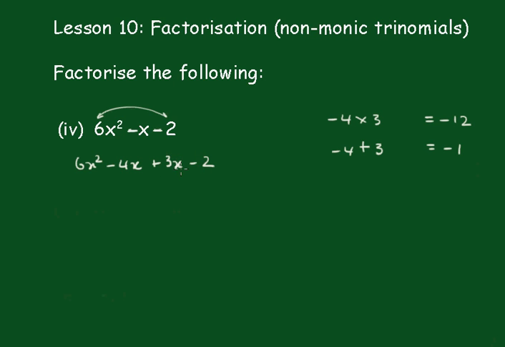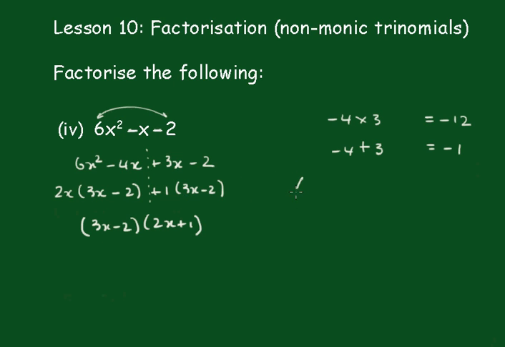Nice little check step there, you see. Using the minus x. If you made a mistake, got the signs around the wrong way, you would have seen by checking you've got the wrong result there. Take out the highest common factor here, which is going to be 2x. You have a 3x minus 2 plus 1 outside of 3x minus 2. So it becomes 3x minus 2 times 2x plus 1.